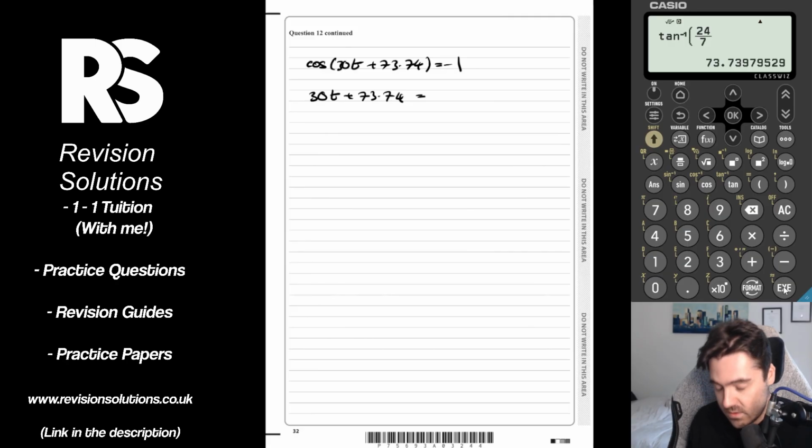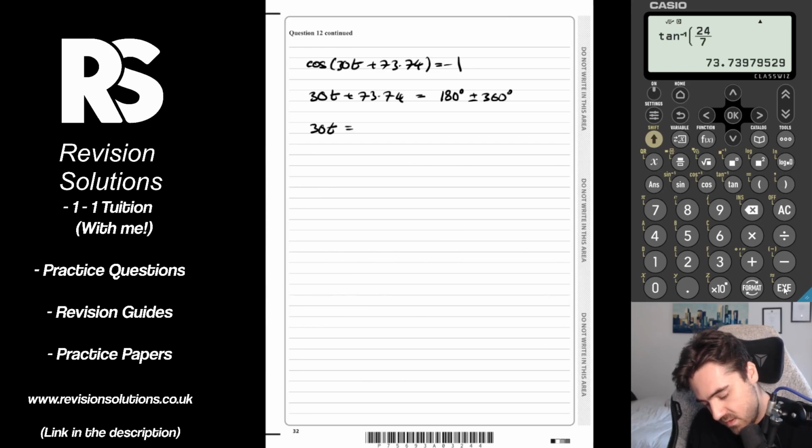That would occur on the cos graph at 180 degrees. But the cos graph repeats every 360 degrees, so if we need more solutions, we could add plus or minus 360 to this. That would encapsulate all the solutions. Then let's take 73.74 away. So we'd have 30t is 106.26 degrees, plus or minus 360 still.